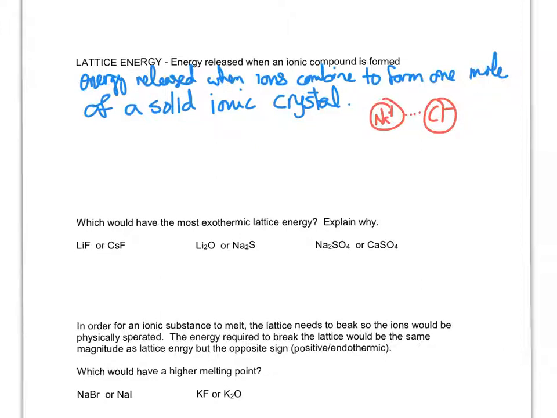So remember that Coulombic attraction, Coulomb's law from last chapter, had to do with the force of attraction and repulsion between the charges. Remember that it has to do with charges, and it also has to do with the distance. So if you recall, the force of attraction is proportional to the charges over the distance. So this attraction, if it's stronger, more energy will be released.